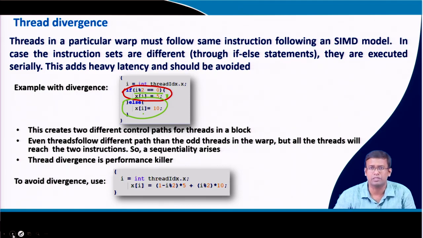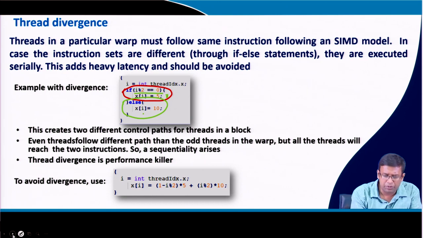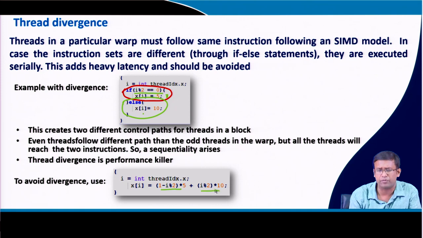However, in many cases you cannot avoid if else statements. Some threads will do something, some threads will do something else. To avoid this, you do more computing in each thread, crunch more numbers, because this is a faster process, but do not put any thread into a latent state by an if else statement. So, write that for even there is some calculation, for odd there will be some other calculation.